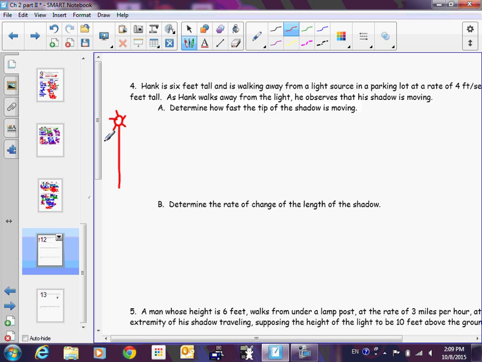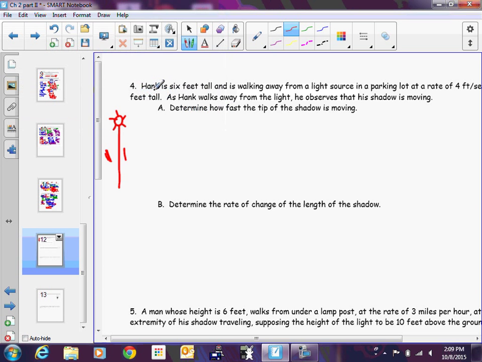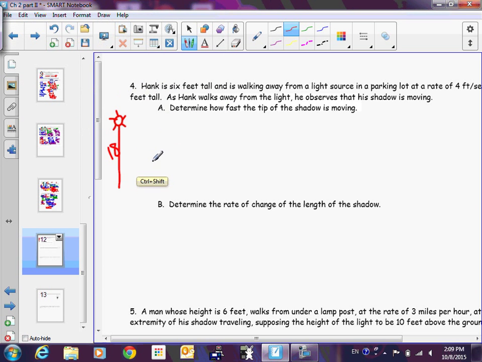So label that 18 feet. And then we got this guy. They told us his name is Hank. Okay, so here's Hank right here.